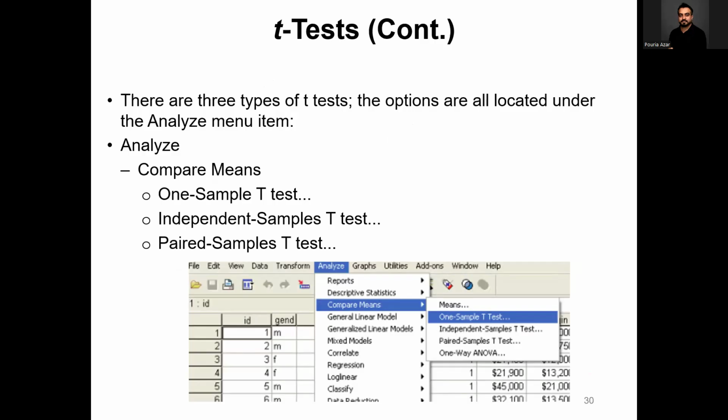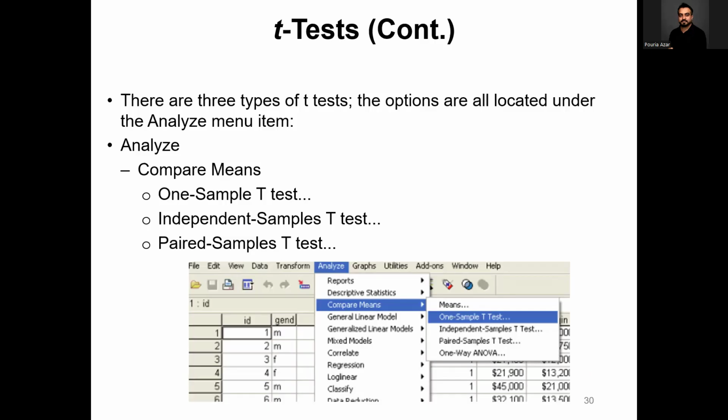But there are different types of t-tests. We have one sample t-test, independent samples t-test, and paired sample t-test. One sample t-test is where I want to compare the mean value of my dependent variable to the mean value of that variable in the population.